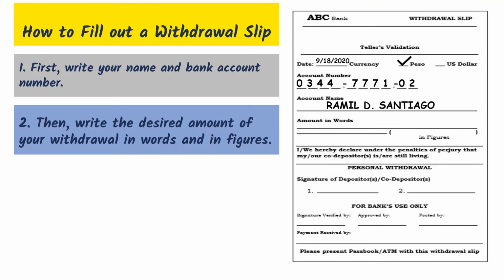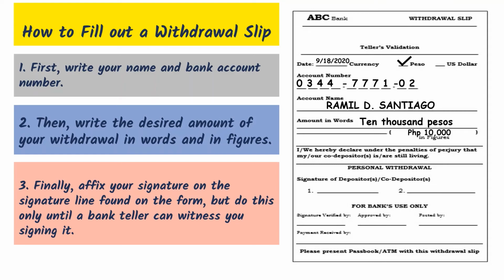Then, write the desired amount of your withdrawal in words and in figures. Finally, affix your signature on the signature line found on the form. But do this only until a bank teller can witness you signing it.